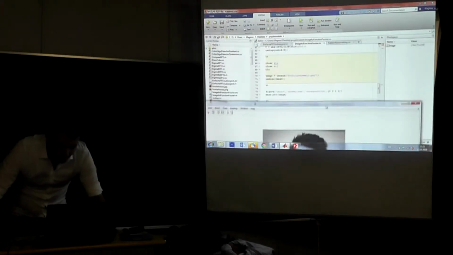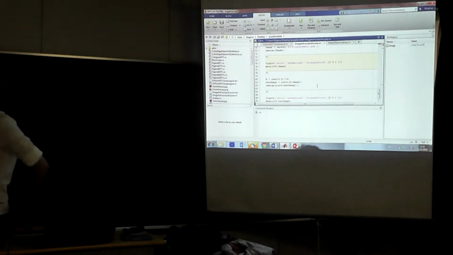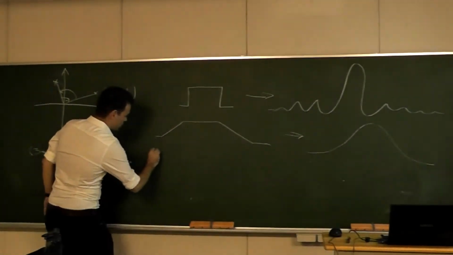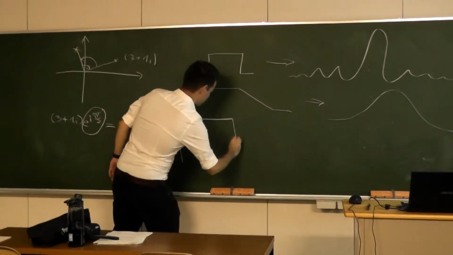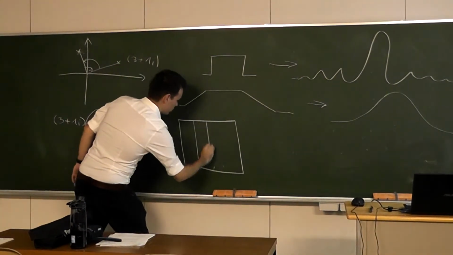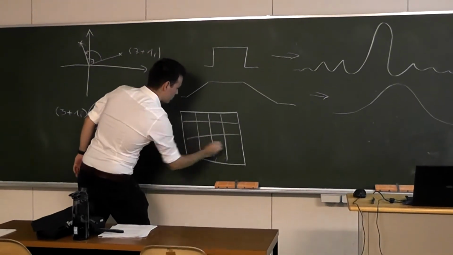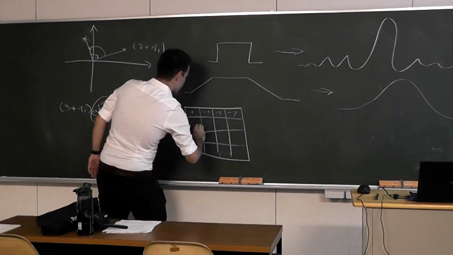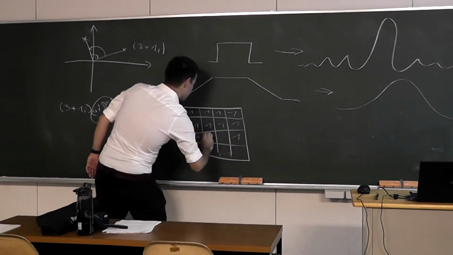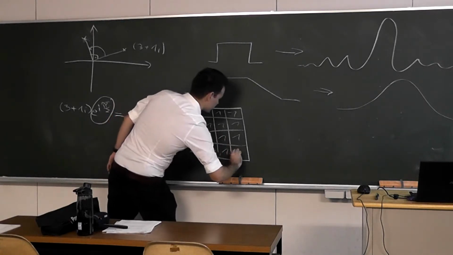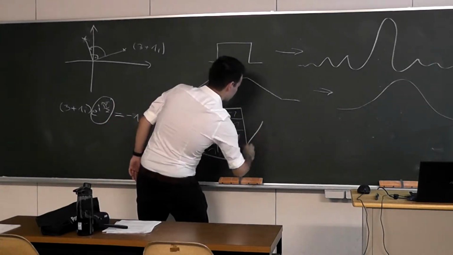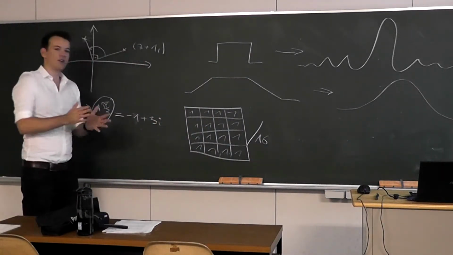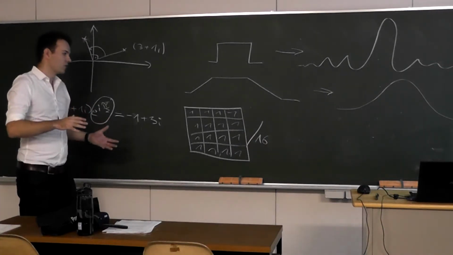If we apply a kernel mask that looks like this, just ones everywhere, and then we divide by 16 because we have 16 pixels in here, then we gain something like the average of all the pixels, right?